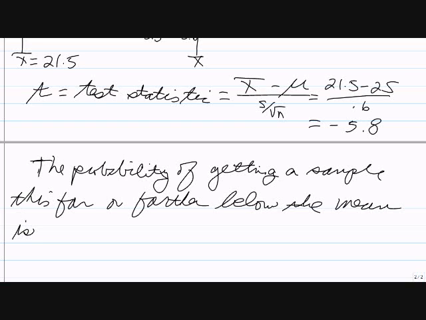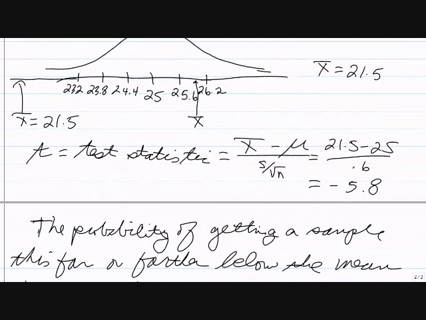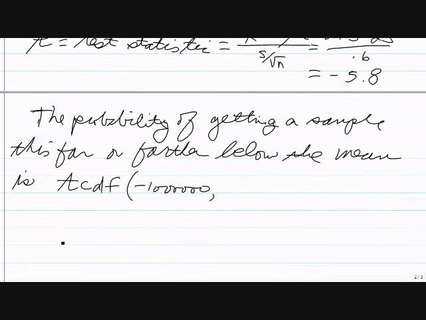You actually have a command on your calculator. It's like normal CDF, but we're using a t-distribution this time, so this is going to be a t-CDF. We have to go way out to negative infinity, and then up to that negative 5.8.